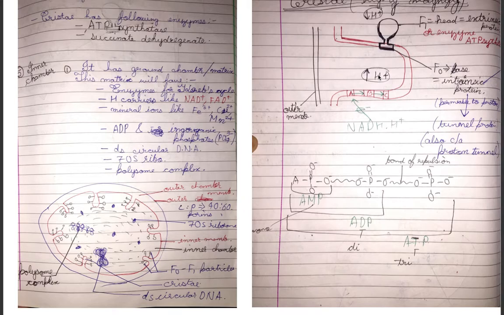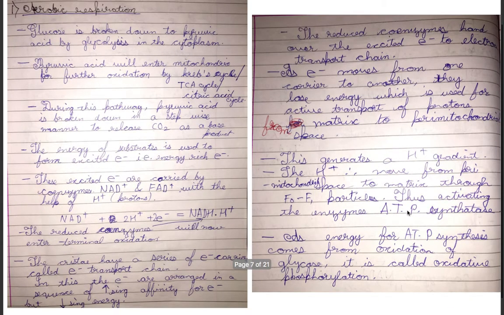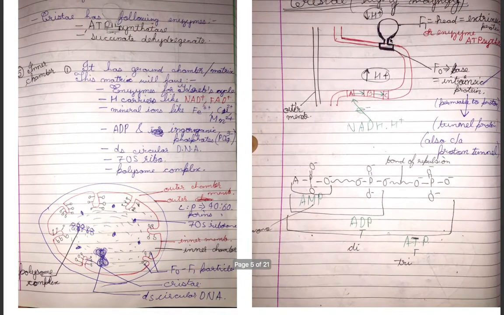As the proton gradient forms, protons move from high concentration to low, so they move to the matrix through F0 F1 particles. This activates the enzyme ATP synthetase present in the F1 head.